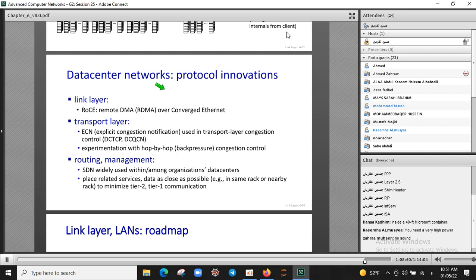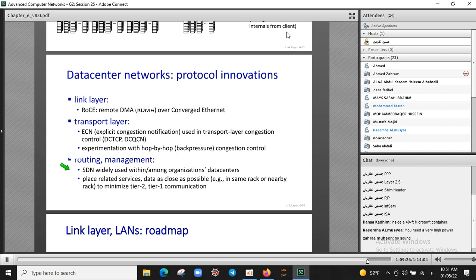We need some special version of TCP for data centers. We need special routing or special management in layer 3. Layer 2, layer 3, layer 4: we need special protocols for data centers because it's a special place with special requirements.